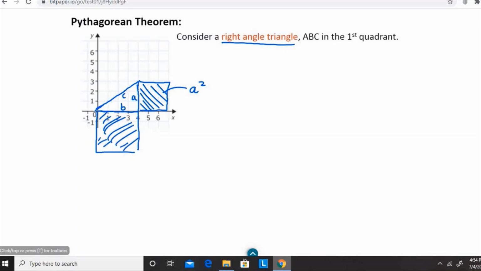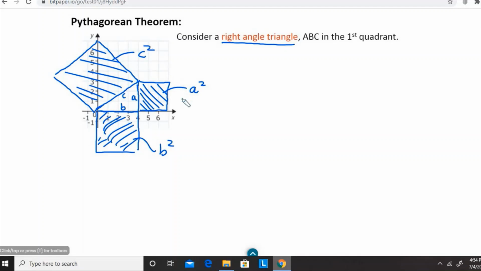Okay, so this area is B squared. And then I consider this side and a square with sides that is C, like that. Okay, and then this area is C squared.